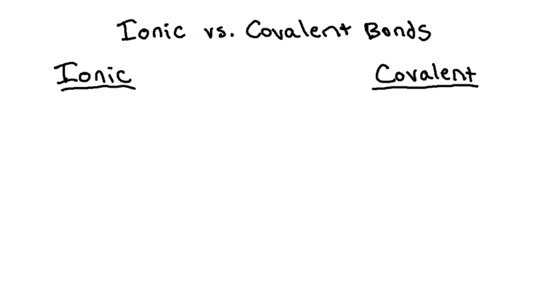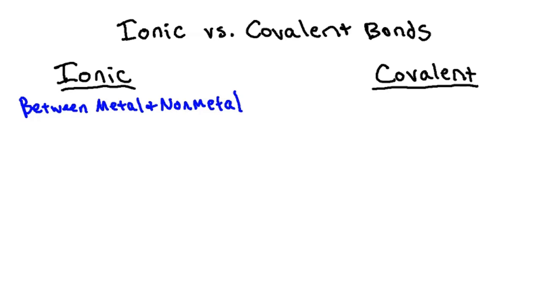So ionic bonds are molecules that occur between a metal and a nonmetal. So anytime you see a molecule that's between a metal and a nonmetal, you can automatically assume it's ionic.